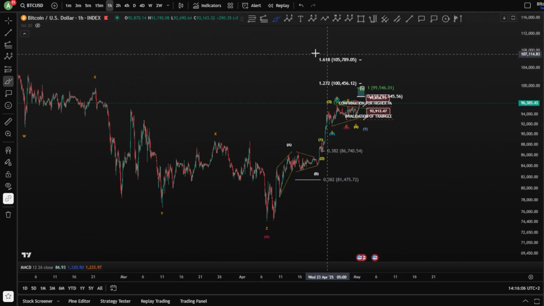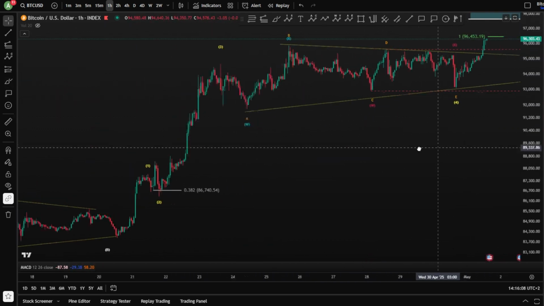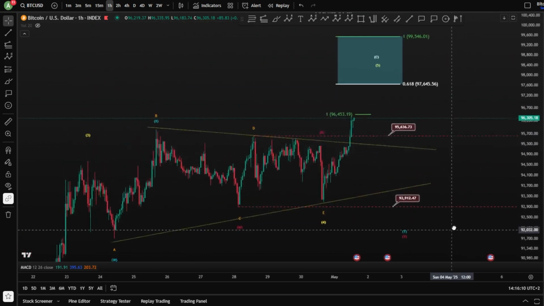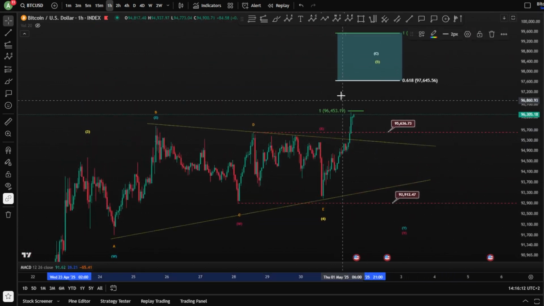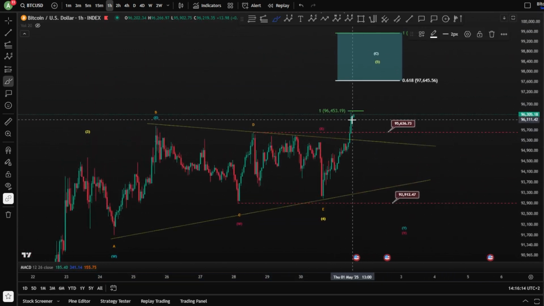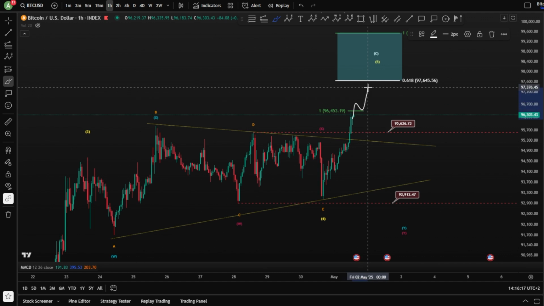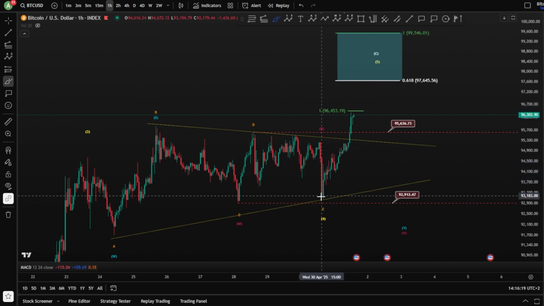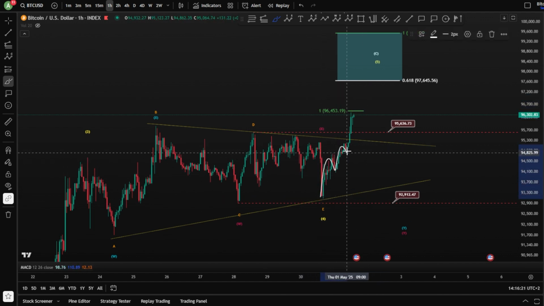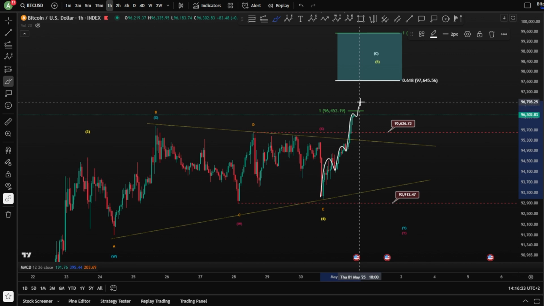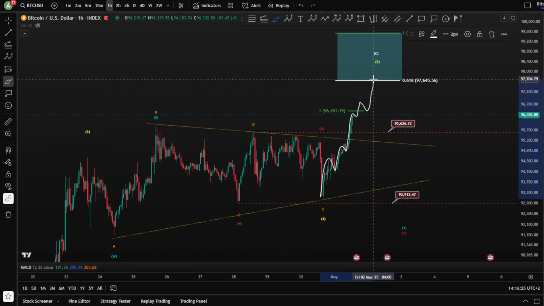So basically, I'm going to repeat step by step what we are looking for, guys. The 1-to-1 fib level is going to be taken sooner or later. It can be overshooting, because if this is a 1-2 here, you're looking at 1, 2, 3, 4, 5 for a wave 3, 4, and a 5 potentially, that it might hit the 0.618.